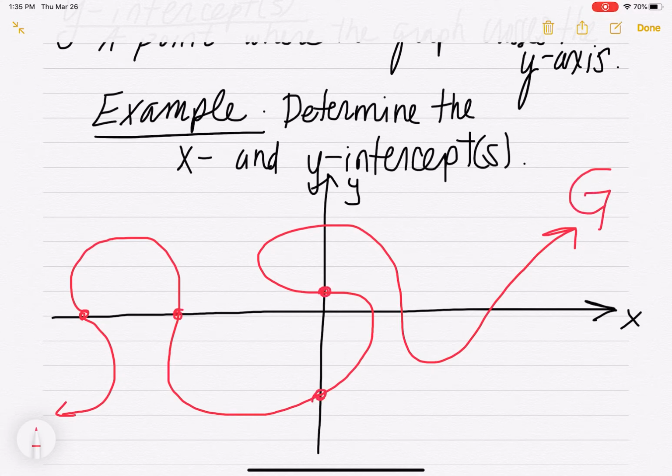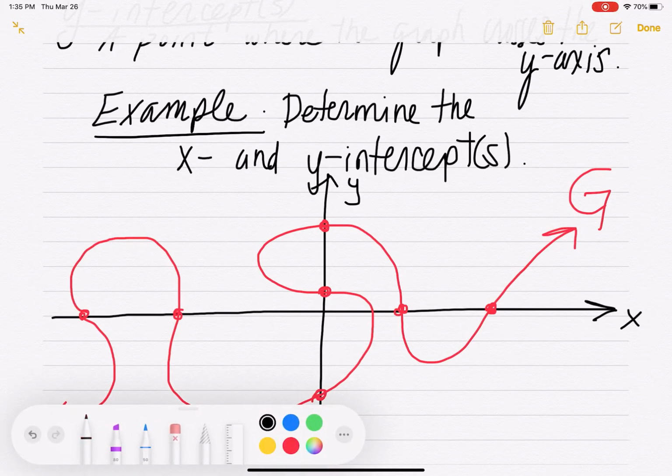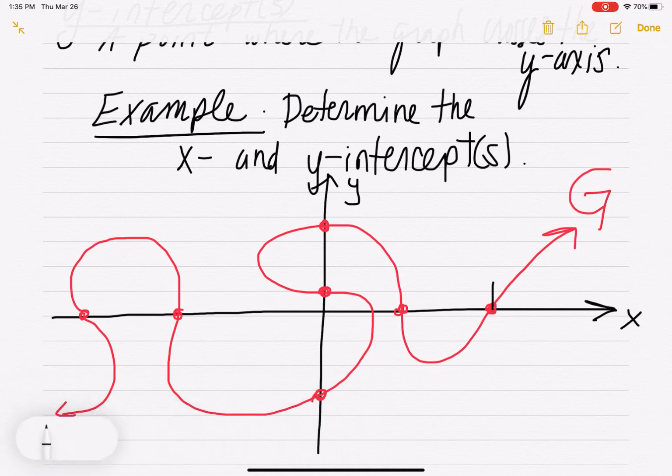I'm going to put some key points and label some of these key places. Now let's say here we have -3.